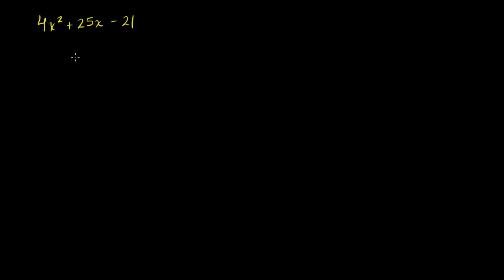So what we need to do here is think of two numbers, a and b, where a times b is equal to 4 times negative 21, which is equal to negative 84.